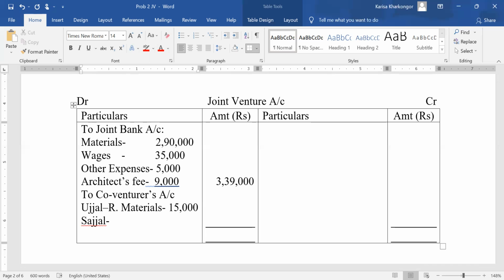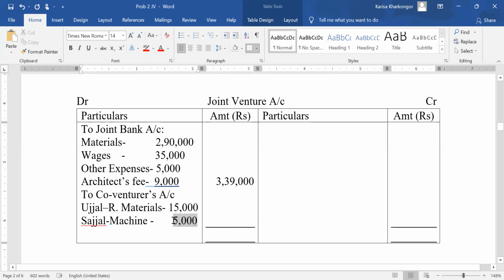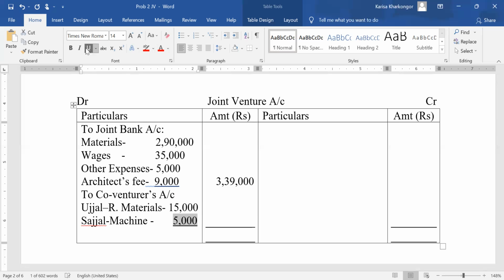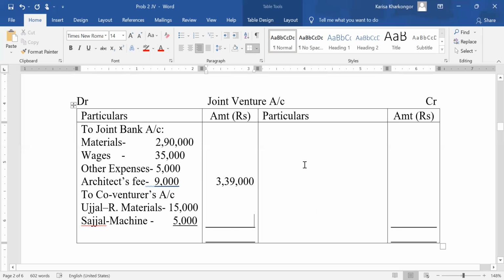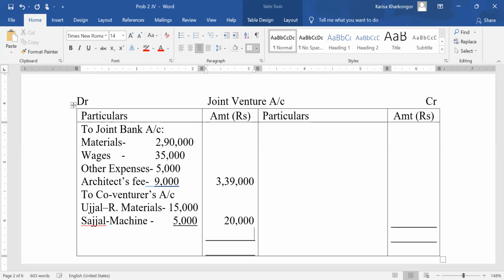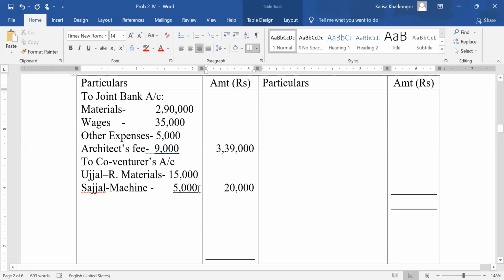Sajal supplied machine amounting to rupees 5,000. This comes to a total of 20,000.